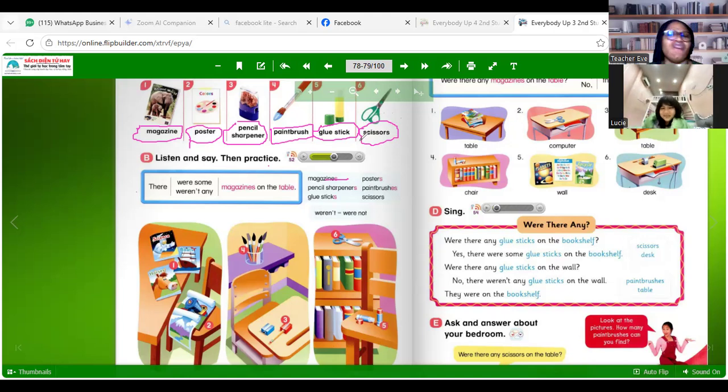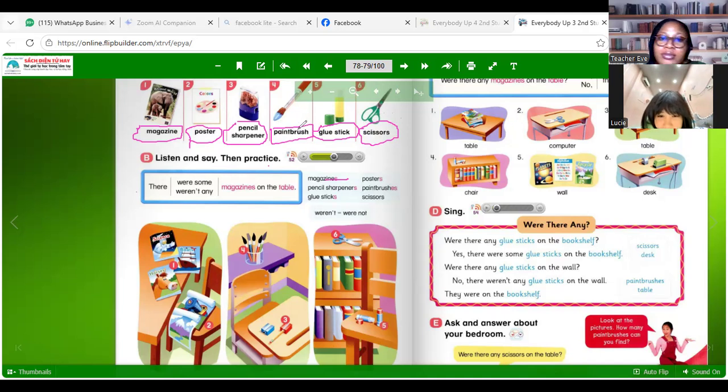No. Scissors. Scissors. No. Scissors. Good.